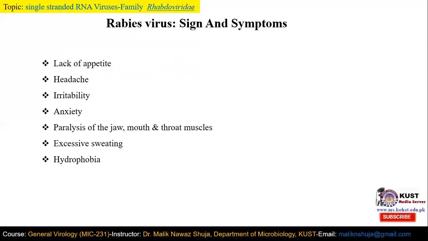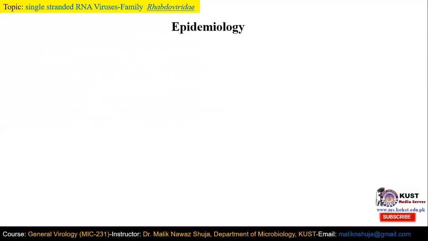This usually occurs because the muscles of the throat and jaws become paralyzed and swallowing water is impossible for the patient, so he becomes afraid of water. Double vision, because the pupil of the eye becomes dilated and lacrimation is continuously going on, due to which the vision of the patient is affected.